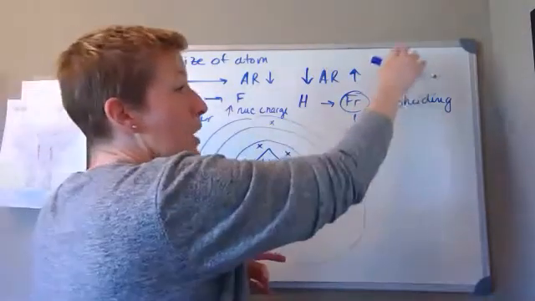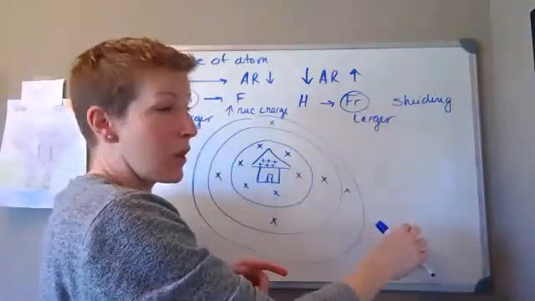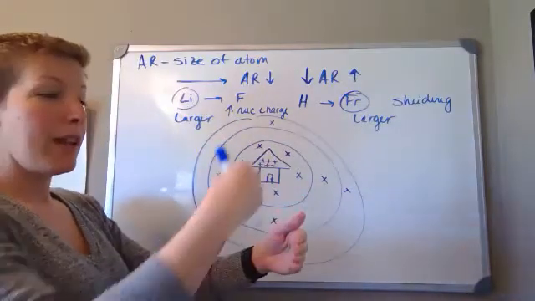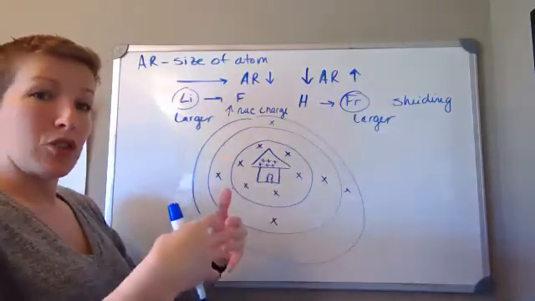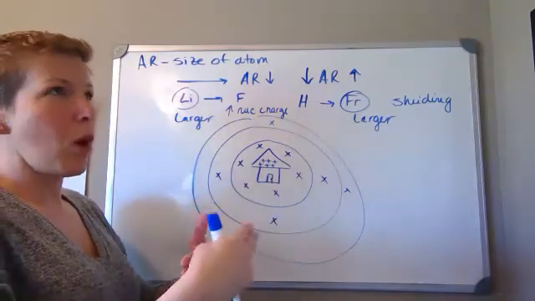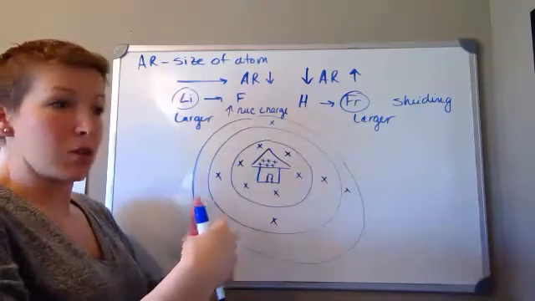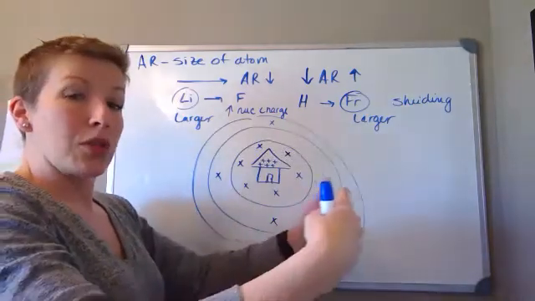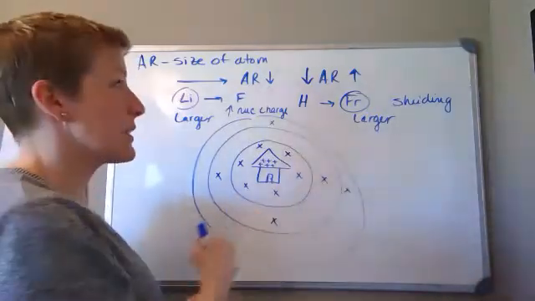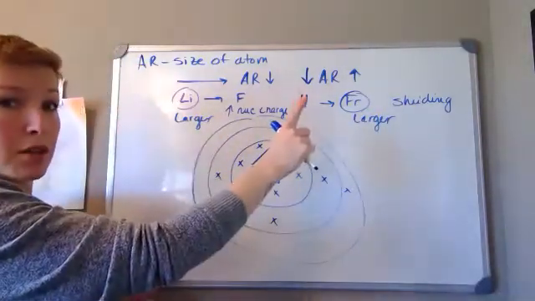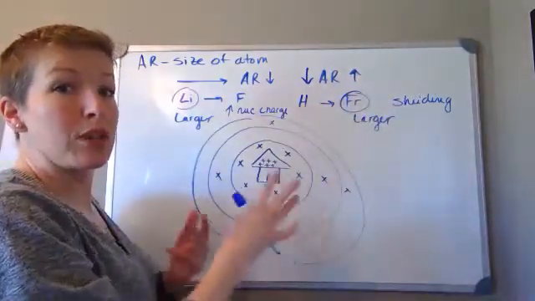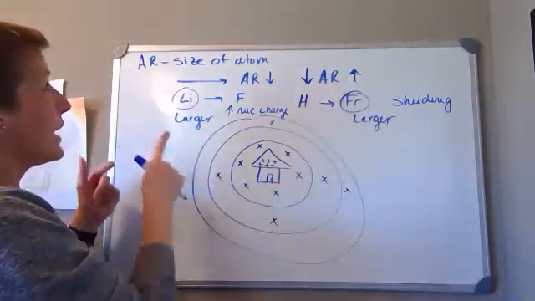Whereas as I go down a group, I'm adding layers and layers in between. I'm adding these energy levels. And what the energy levels are doing is they're shielding the subsequent one from the nucleus, and those electrons are allowed to float out further, increasing my radius. So as I go across, increase nuclear charge. As I go down, increase shielding. So that is atomic radius.